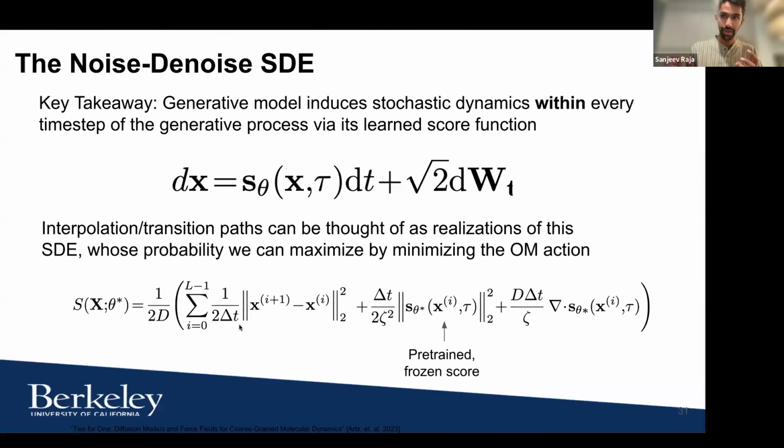Each step has a spacing of delta t, and then there are L steps. So I guess your question is, for a fixed time horizon, a fixed L times delta t, what happens if you increase the number of discretization steps and reduce the delta t commensurately?